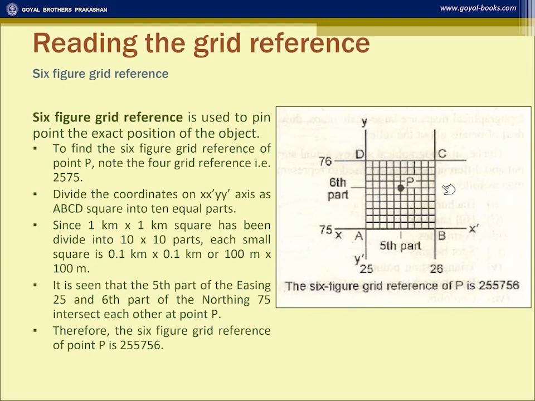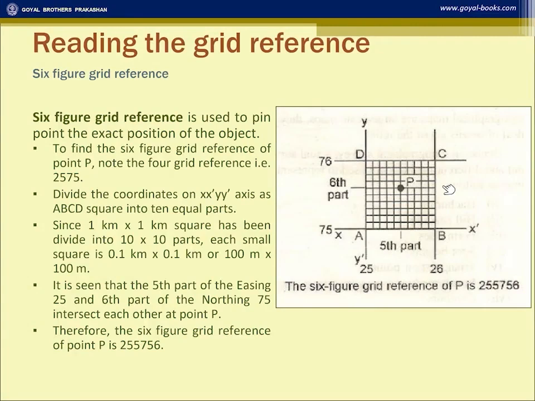So, here on this P point, the fifth part of the easting and the sixth part of northing are intersecting each other. Now, to find out the six-figure grid reference, we see 255 and 756. This gives us the six-figure grid reference of point P.